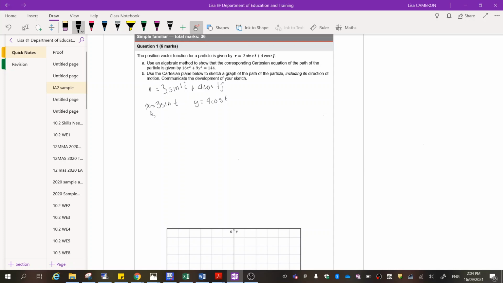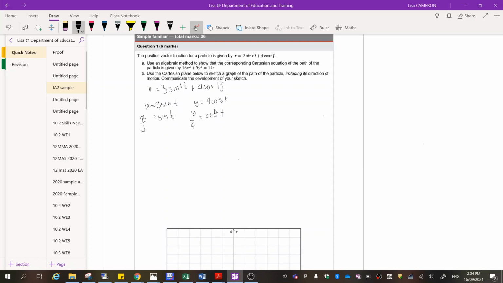Now we can rearrange this to get them in terms of t, because as we can see, both these functions have either a sine or a cos of t. So if we rearrange it, we can have x over 3 equals sine of t, and we can have y over 4 equals cos of t.